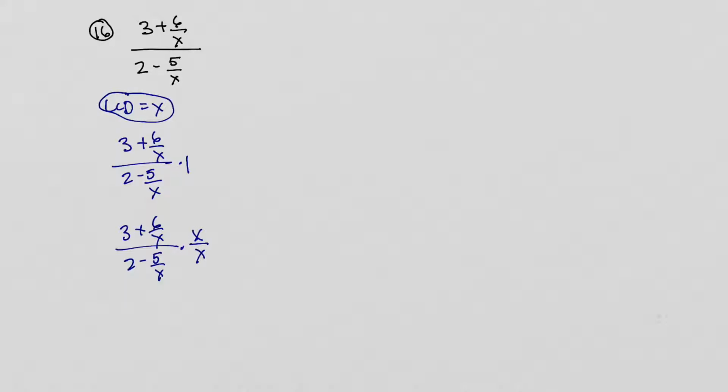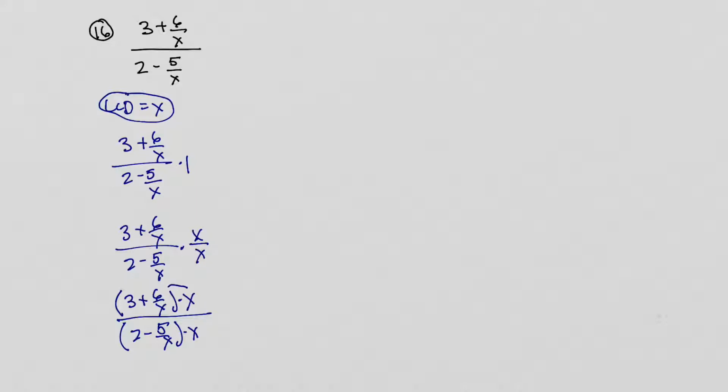And then what we've got is multiplication of fractions. Now I'm going to multiply the tops together and multiply the bottoms together. So let's indicate that. Let's take that entire left top, 3 plus 6 over x, and we'll multiply that by x. And same thing in the denominator, that 2 minus 5 over x times x.